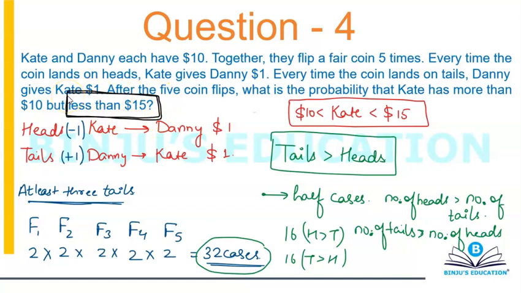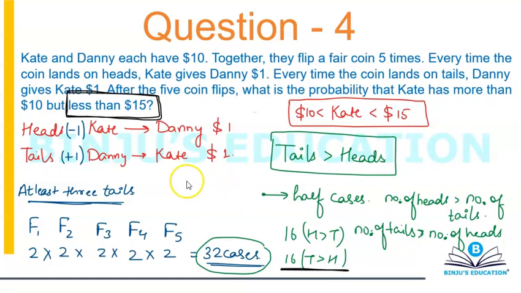Which means when the coin was flipped 5 times, if all 5 were tails, she will end up getting $15, $1 for every tail on the top face. So out of these 16 cases where the number of tails is more than the number of heads, you have to discard exactly one case, and that is when all of them are showing tails.